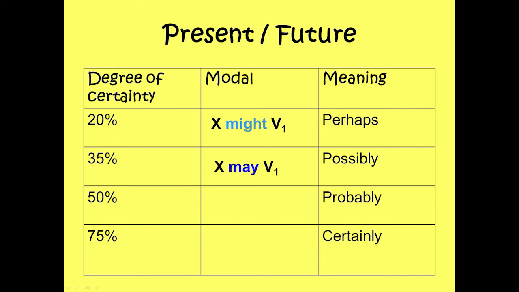If you say could, it is once again stronger, higher in the degree of probability, 50%, probably. Must and can't express certainty. Certainly we cannot be 100% sure because this is life. It's just about 75 to 80% degree of certainty.